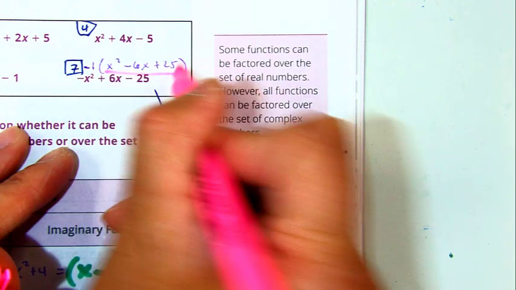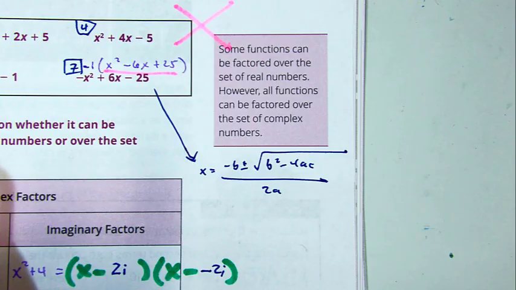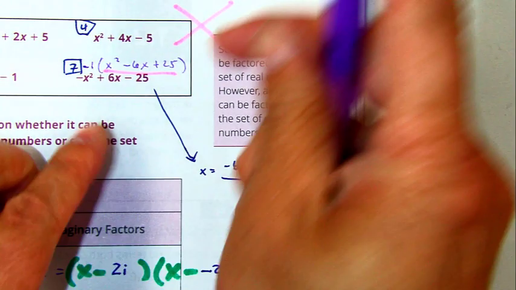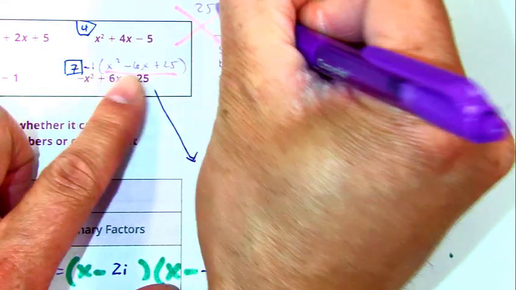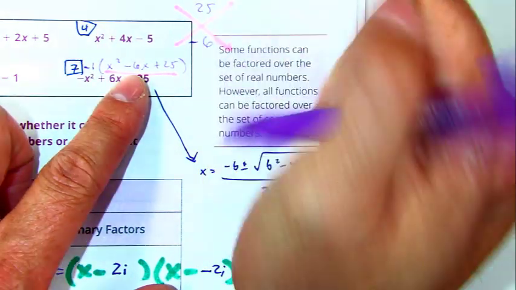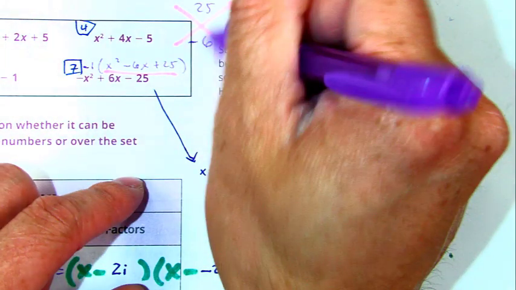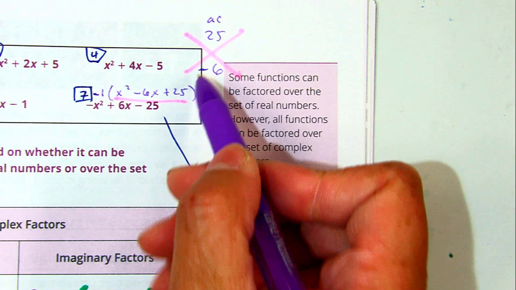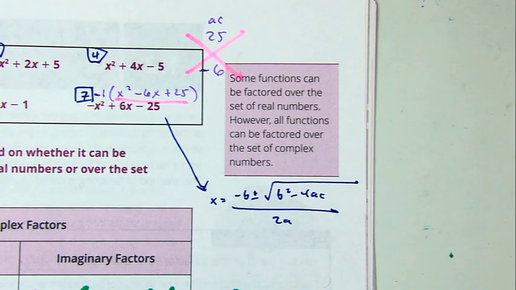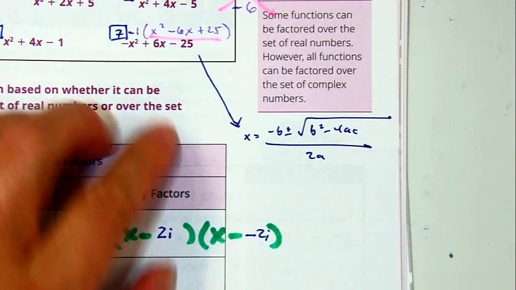And then I'm going to take my a times c, that would be 25, and my b value, negative 6. Can you think of two numbers that multiply to be 25 and add to be negative 6? No numbers. So you can't solve this by factoring. You can solve this by the quadratic formula.